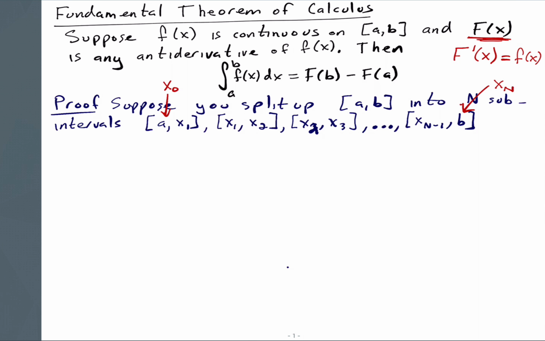Okay, so this is simply how we split up the subintervals. How many subintervals do I have here? n, right? So you can think of it like the n rectangles. Those are the subintervals. And what's the width of these subintervals?